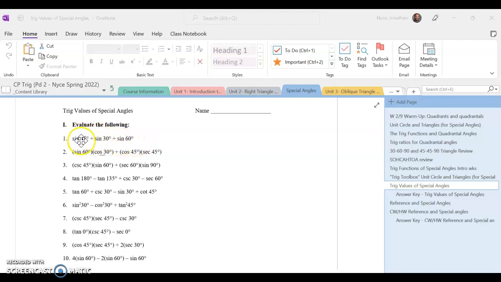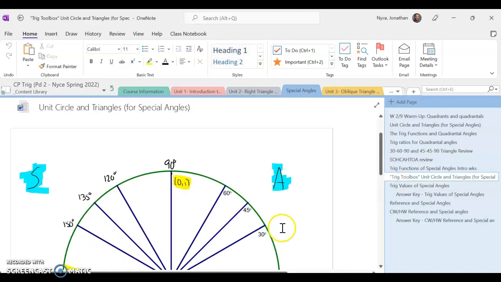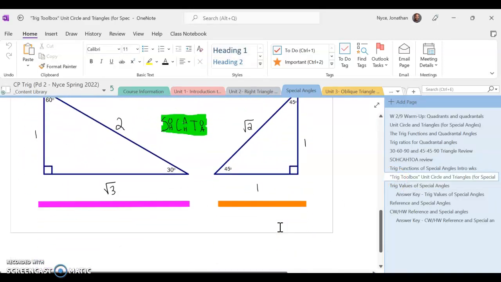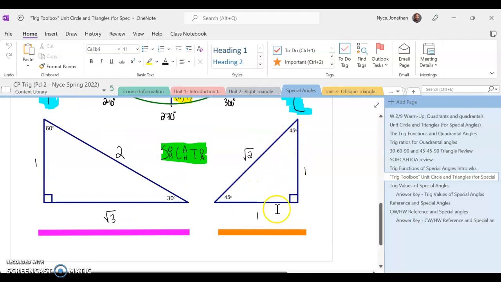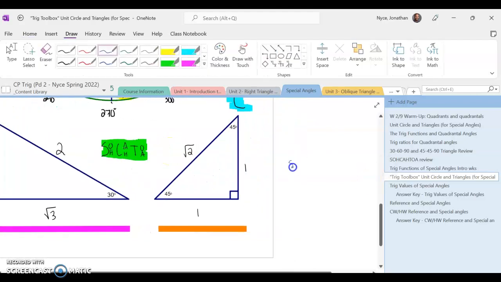So for the sine of 45 degrees, I'm going to refer to this trig toolbox, unit circle and triangles. If we come down this toolbox, we see our 45, 45, 90 triangle. We know sine is opposite over hypotenuse. So if I want to find the sine of 45 degrees, I'm looking at my 45, 45, 90 triangle.